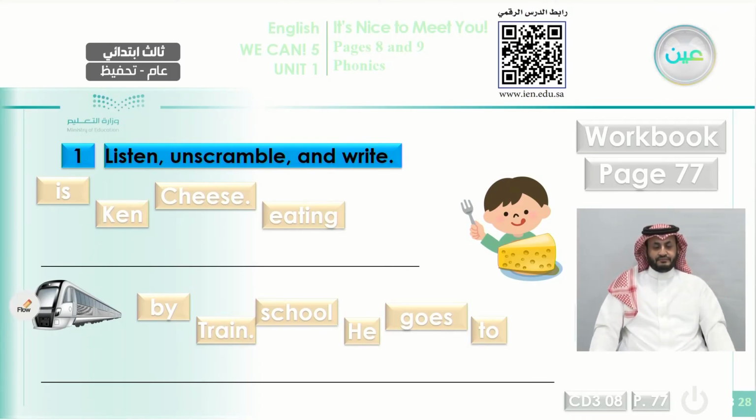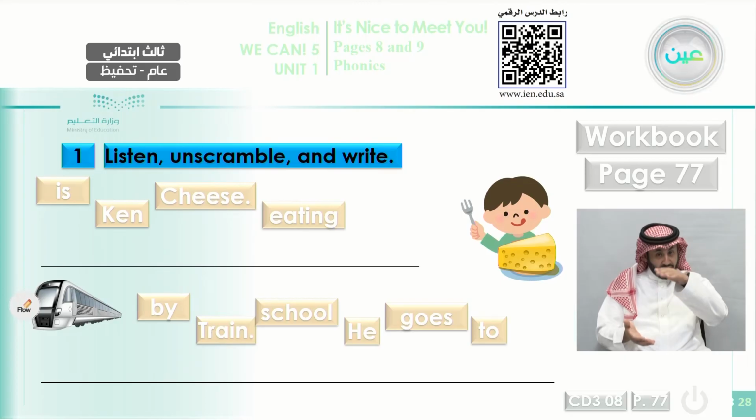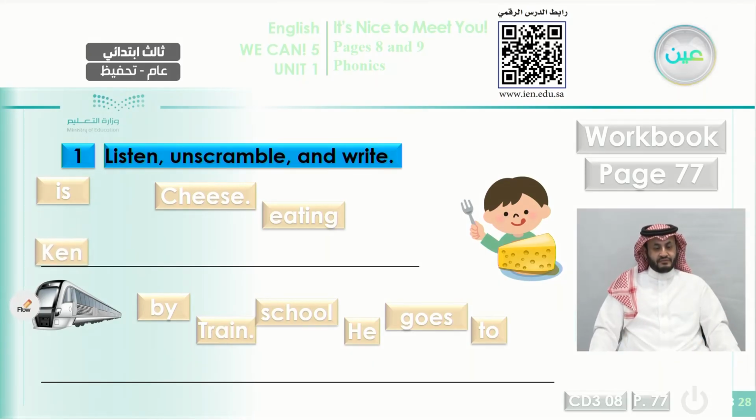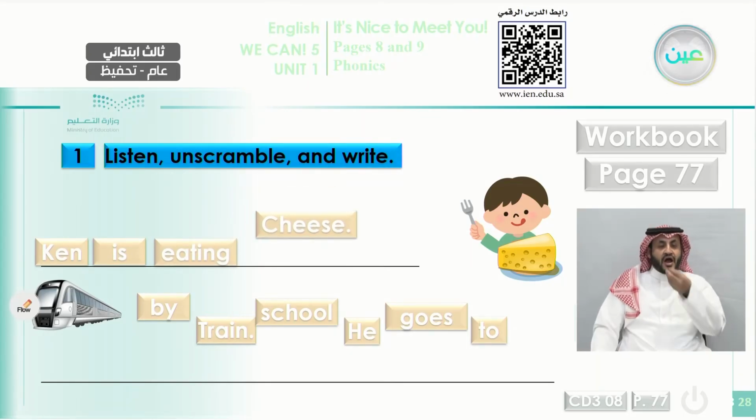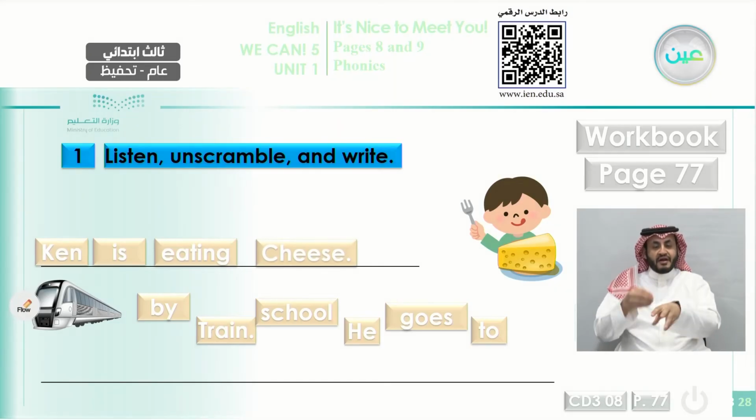Okay, you can start with the word that has a capital letter, as you can see here, cheese. Or you can start with the name here. Ken is a person, a guy. So what is Ken doing? He is eating cheese. So Ken is eating cheese, and you notice here the full stop.